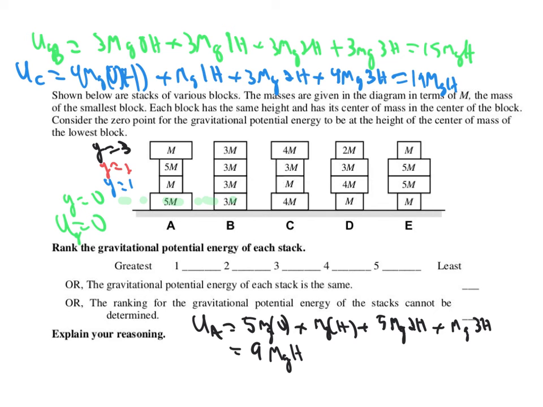And then likewise, we would have 4 plus 6, so that's 10, plus another 6 is 16. And then here we would have 5 plus 10 plus 3 is 18. Putting all of them in place, we have 9, and then 15, and then 19. So our most is here, and our least is there.